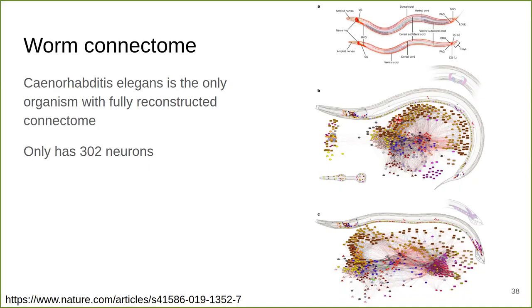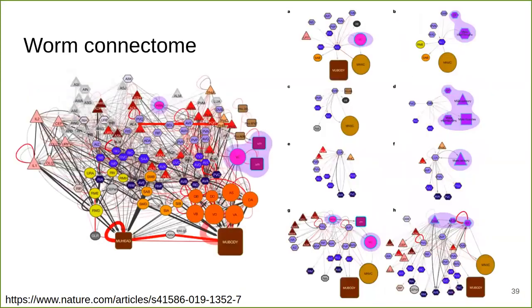And also they, of course, did all the corrections, because the previous work was very dated and maybe they were missing some kind of connection. And, well, it turned out that the worm connectome is already quite complex.